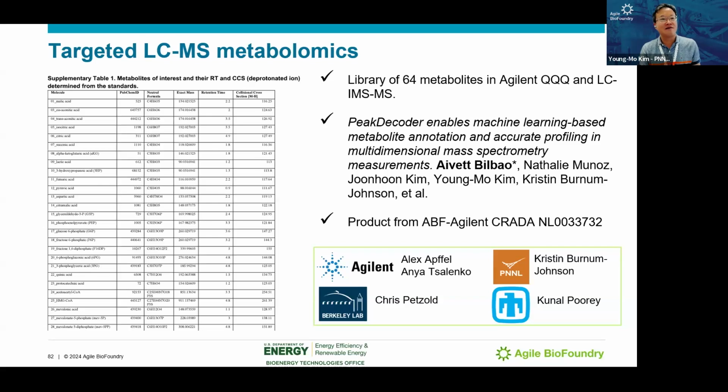And this is the LCMS side. We can do targeted or global metabolomics using LCMS. Previously, with the CRADA project with Agilent Technologies located in Santa Clara, California, we developed a very fast and efficient screening tool to capture highly preferred 64 metabolites in our host system.